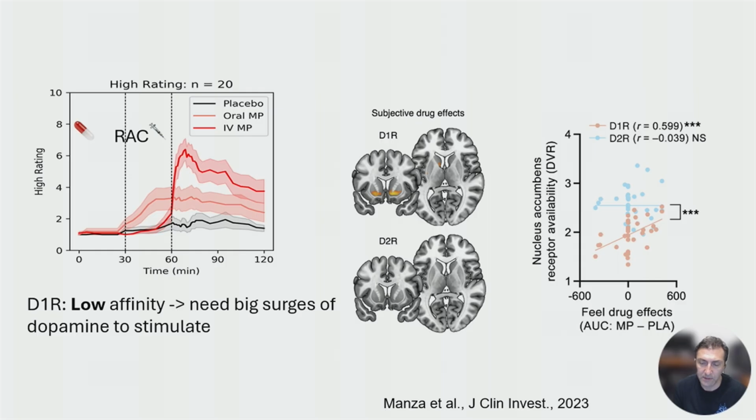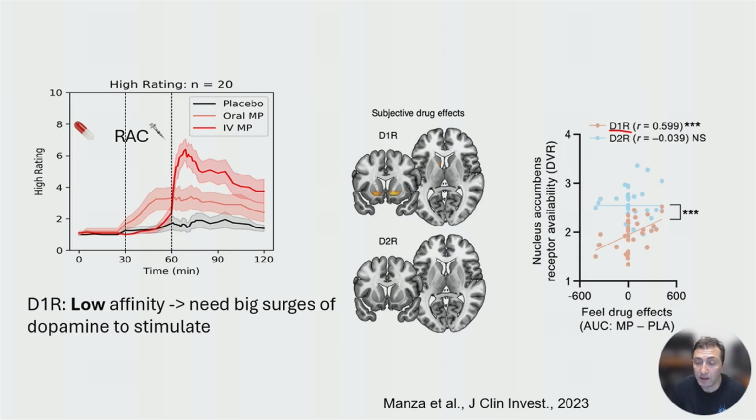And that's what he was able to show here. The red dots show the D1 receptors, and the higher the D1 receptor availability, the higher the feeling of high in the methylphenidate situation versus the placebo situation. In the D2, this relationship didn't hold.